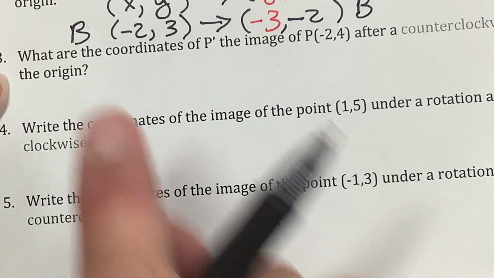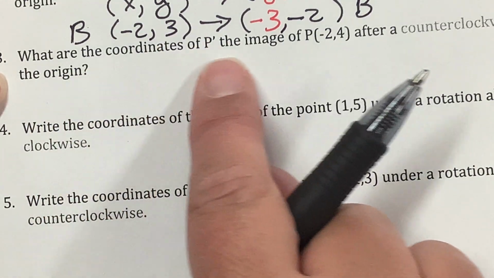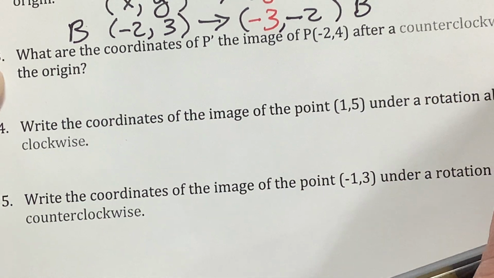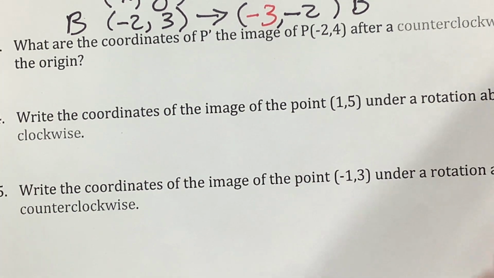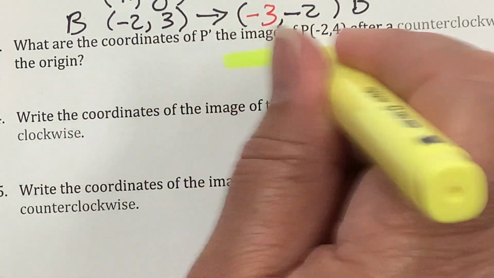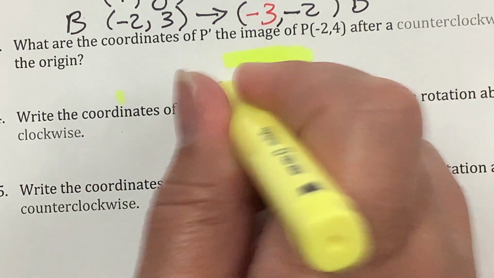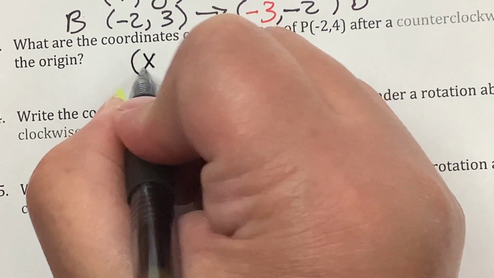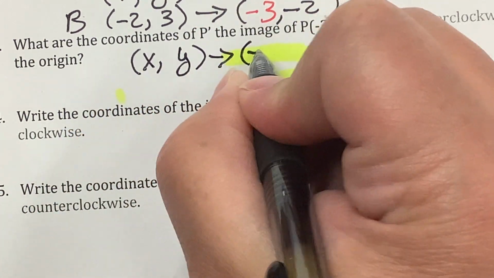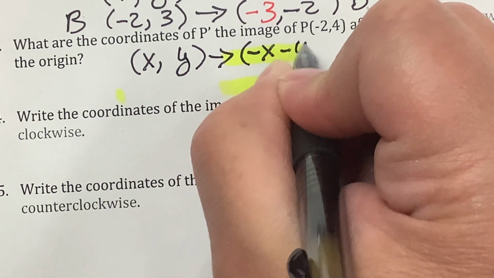All right, how about this one? What are the coordinates of P prime, the image of P, after a counterclockwise rotation of 180 degrees? So let's do some highlighting here, because I like highlighting. I started with x and y, and it became negative x and negative y.